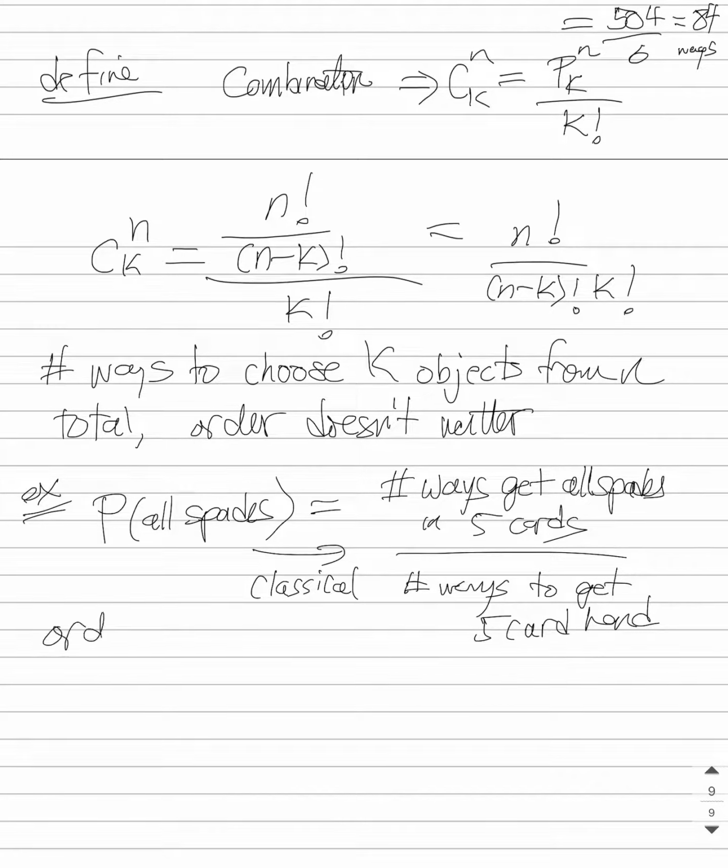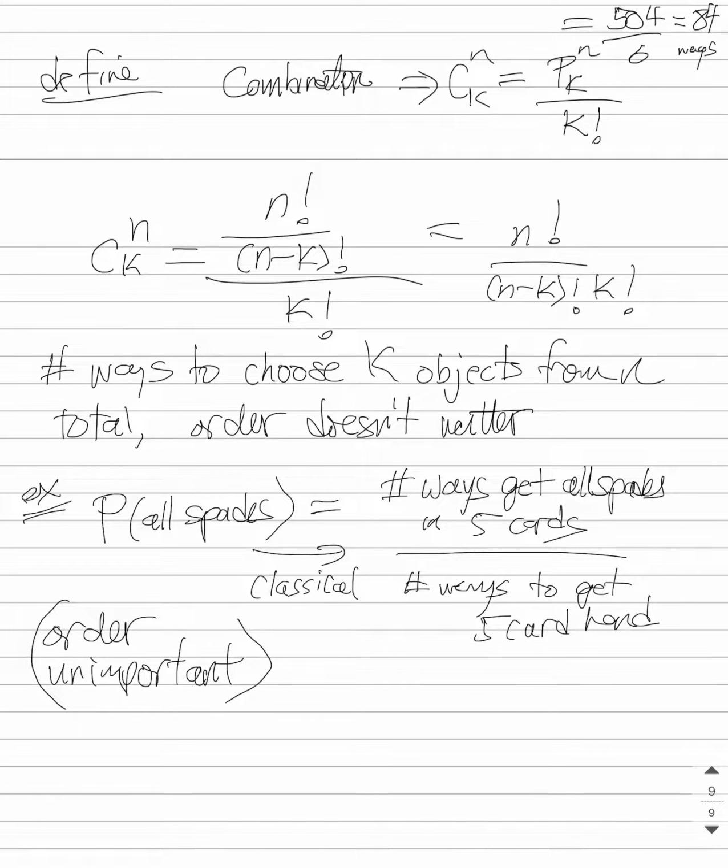The order is unimportant. I don't care whether I got an ace of spades first or an ace of spades last. It's irrelevant to me. As long as at the end of my 5 cards I have 5 spades, I'm in business.